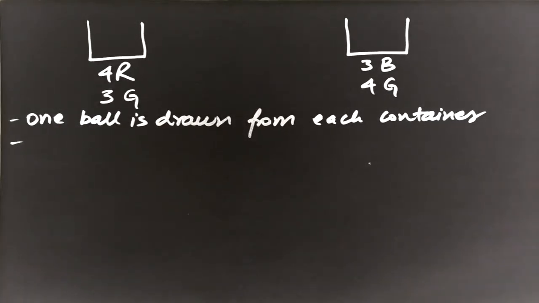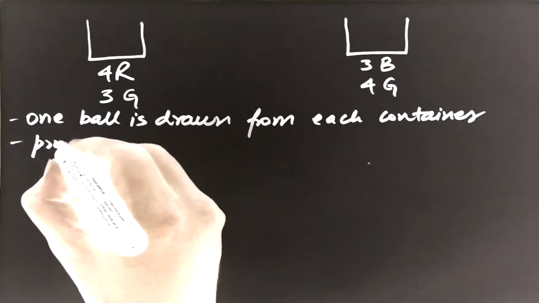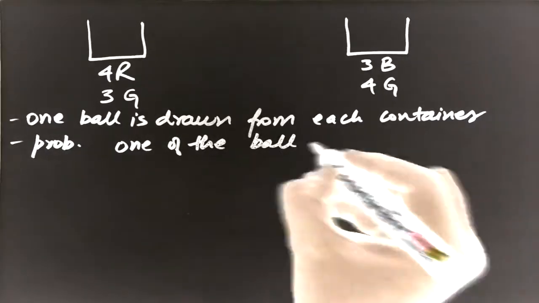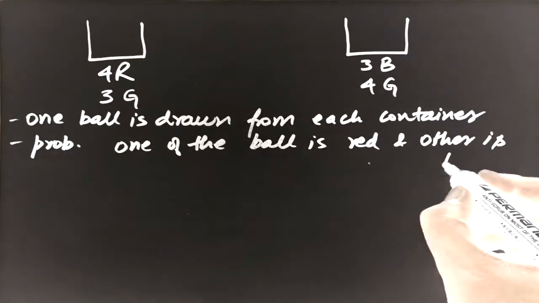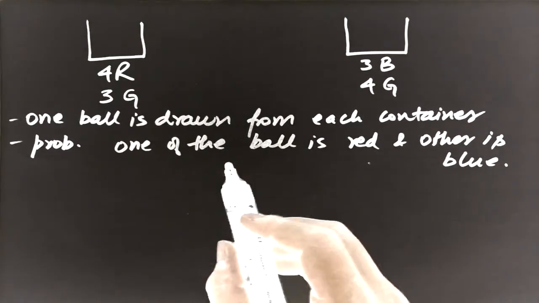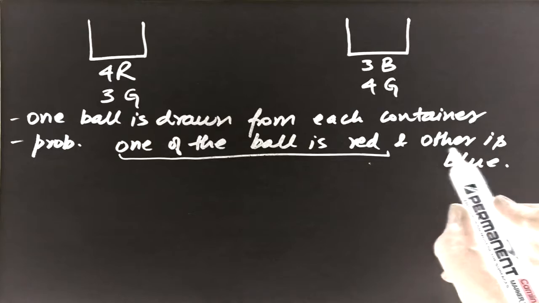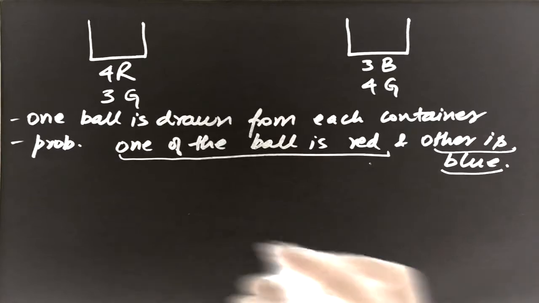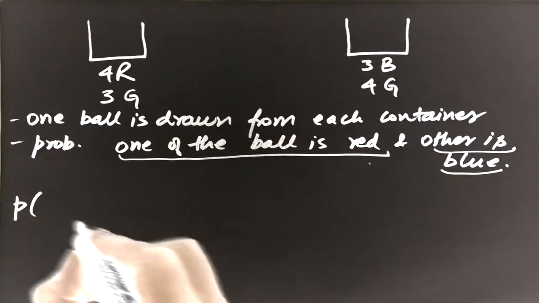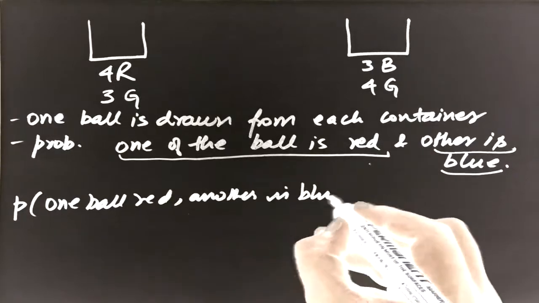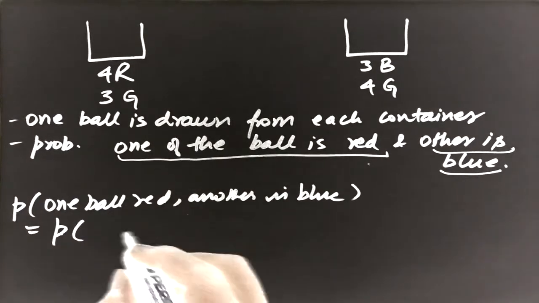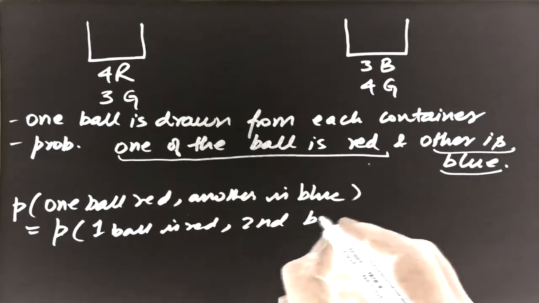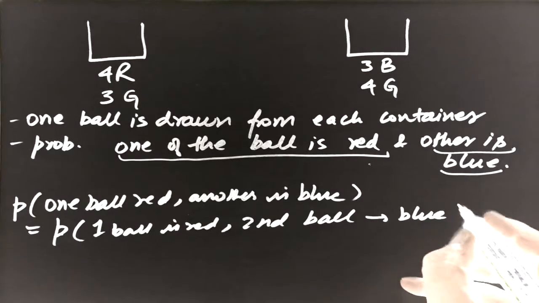The second thing is we have to find the probability that one ball is red and the second is blue. Now if we understand this, we have to find the probability of the first ball being red, then the second ball being blue.